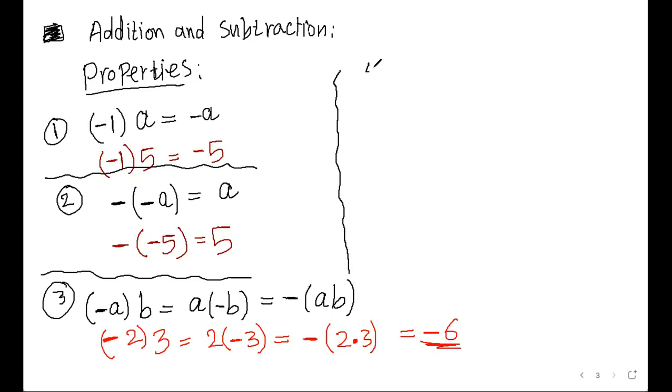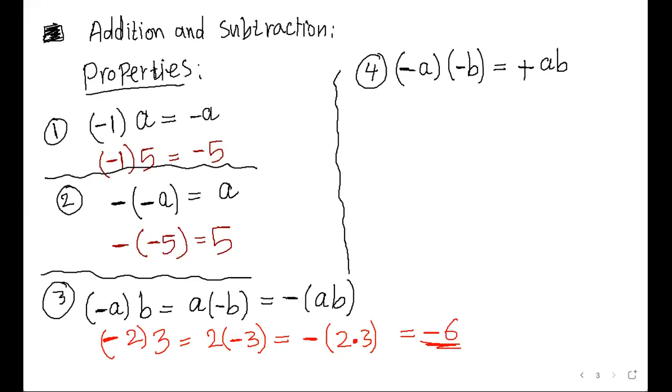The property number 4 says if I have two numbers, minus a and minus b, both of them negative, then this is equal to positive ab, because the minus and the minus are gone.